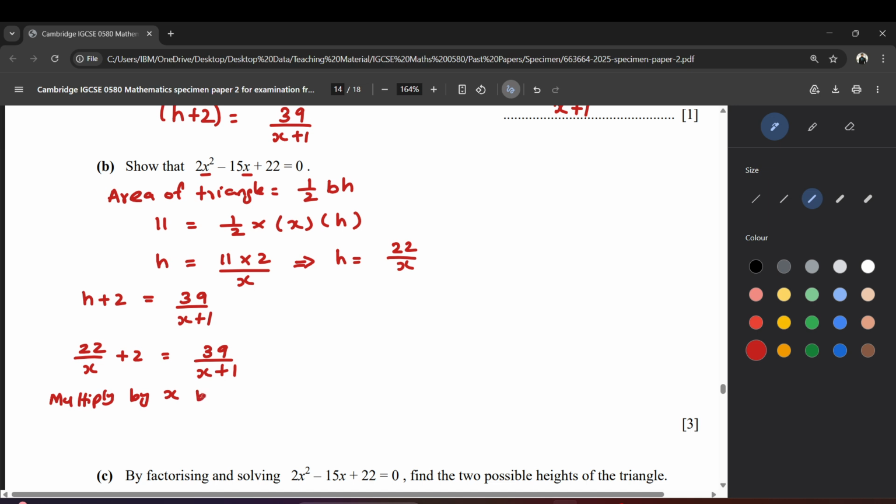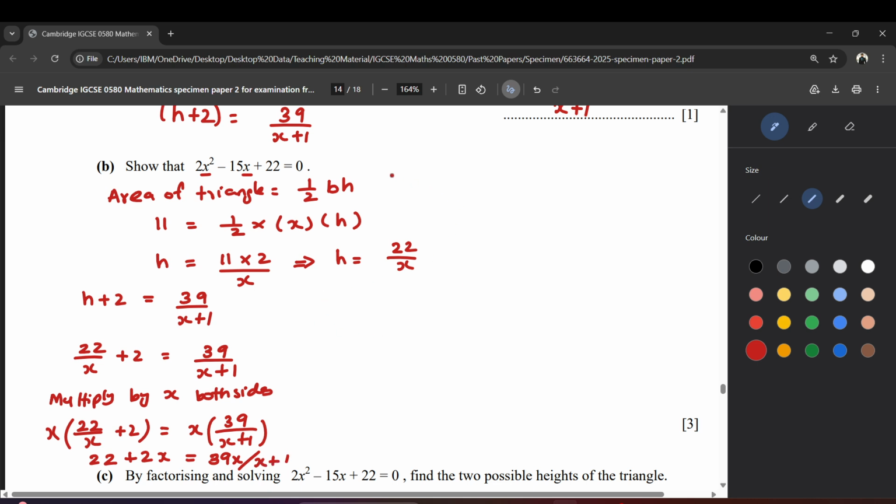So I'm multiplying everything by x. When x multiplies 22 upon x, you are left with 22. This x multiplied by 2 gives 2x. This x multiplies 39, so you get 39x divided by x plus 1.